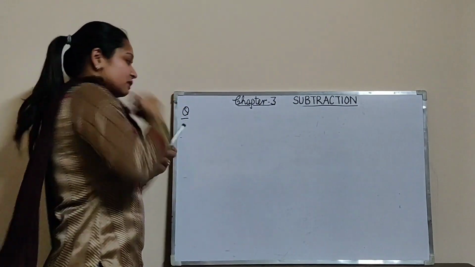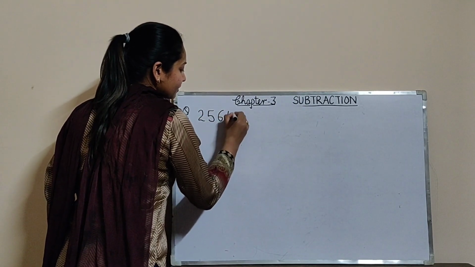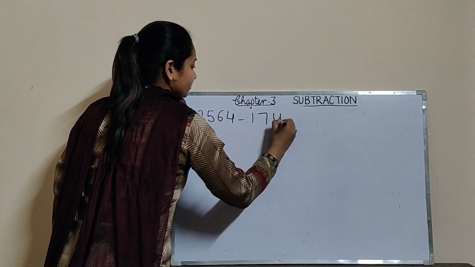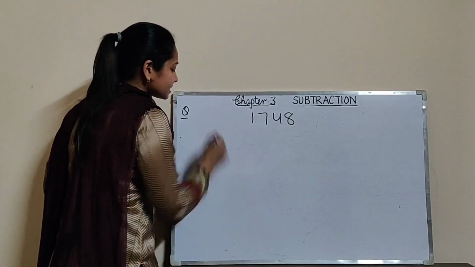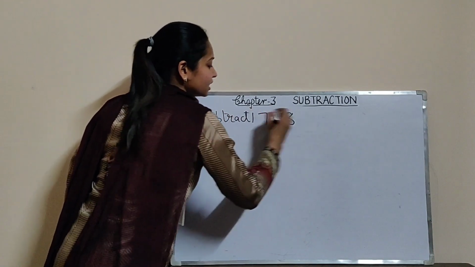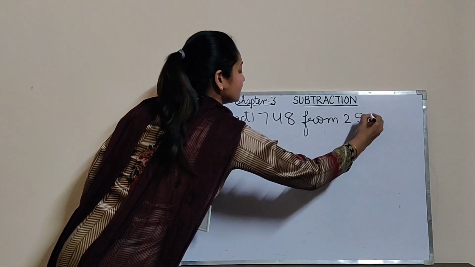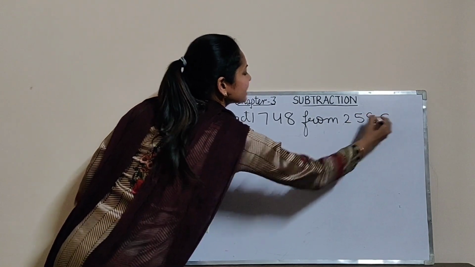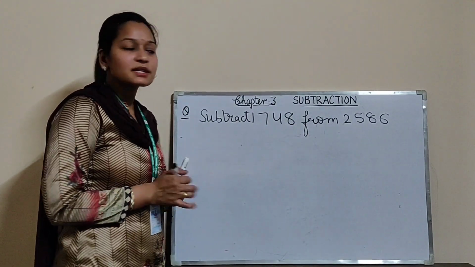The 'from' question, which we have learned earlier also. Let's look once. Subtract this from 2586. Let's say this number. Subtract this from this. You have studied this in the previous class also.